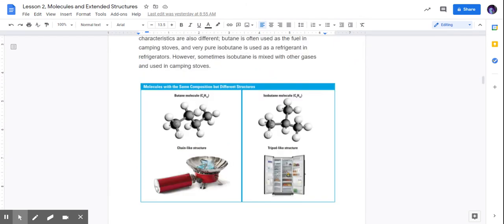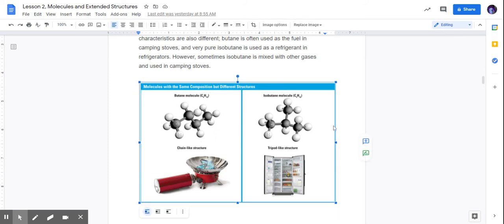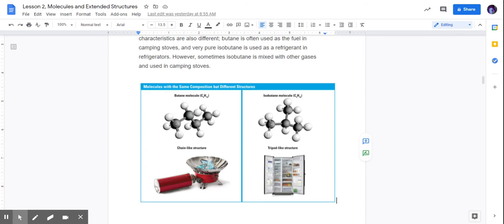I'm going to scroll down here. So we're going to look at this right here. Molecules with the same composition but different structures. And again, this is our butane on the left side. It says chain-like structure, and we're following that chain of carbons. That chain-like structure makes up butane, and butane is used in stoves.